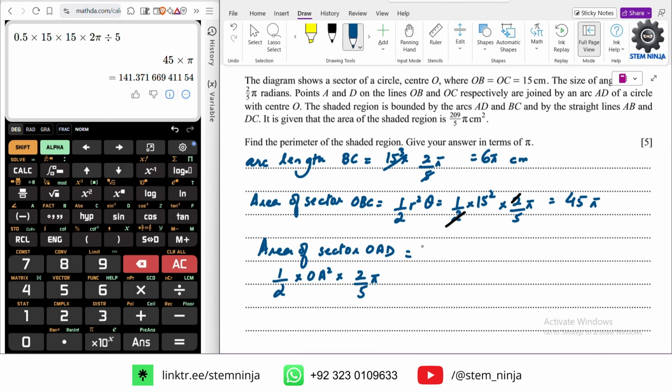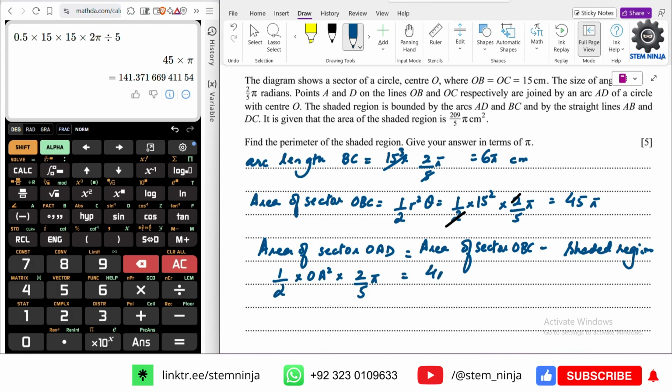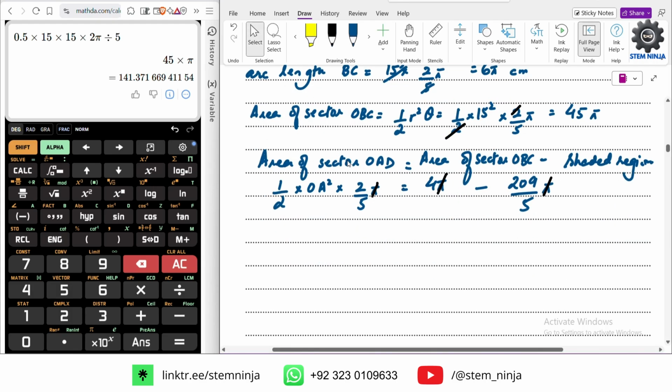So this would get us 45 pi minus the shaded region, which is given as 209 over 5 pi. As you can see, pi gets cancelled across the equation.